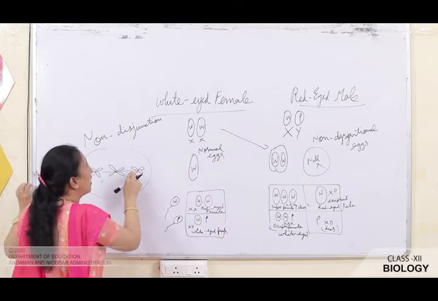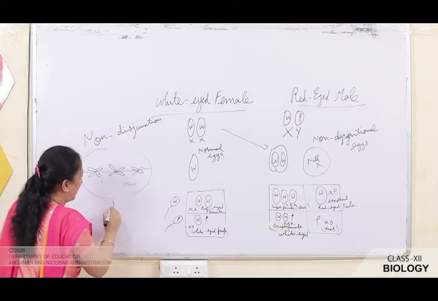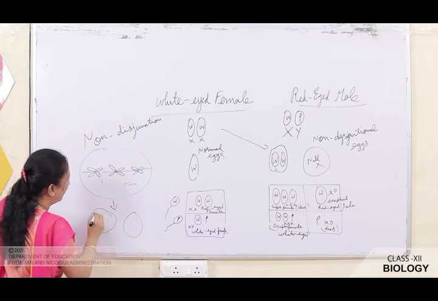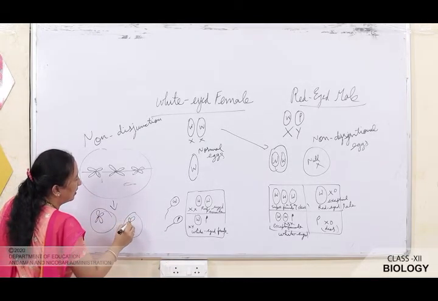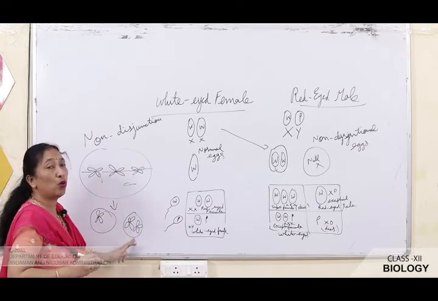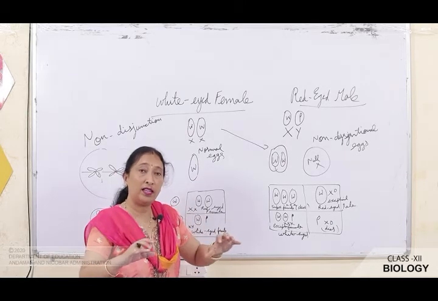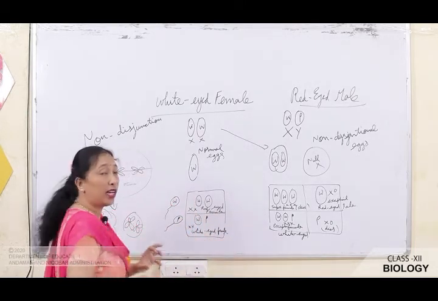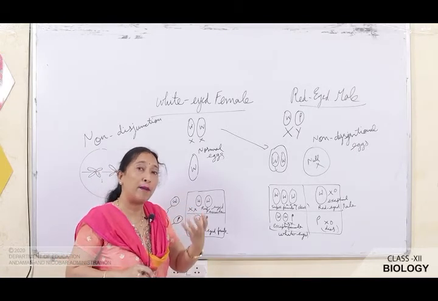That means, in the next stage, suppose two gametes have to be formed, in one a complete set is going and in the other one an extra set goes. Equal division should take place, but when an extra set of chromosomes goes to one gamete, what happens? Why does it happen?